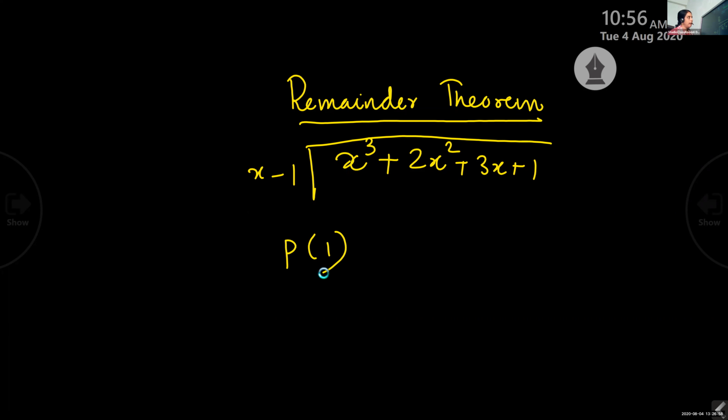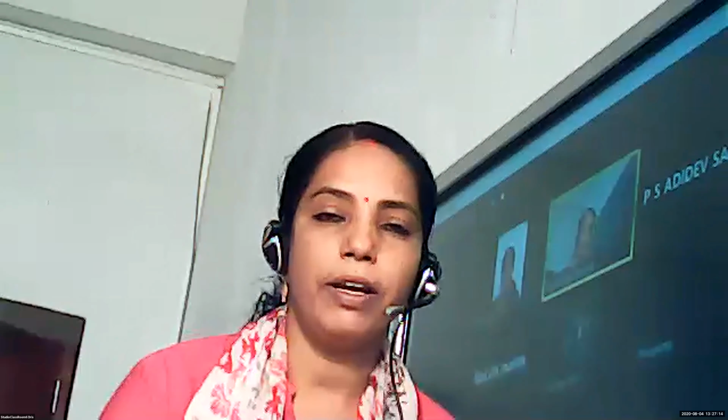Means, instead of x, if you are giving 1, the value you will get is the remainder. Listen carefully. If you are dividing a big polynomial, a third degree or fourth degree polynomial, by a linear polynomial, that means a first degree polynomial, no need of dividing fully. You will get the remainder by substituting the value in the polynomial.